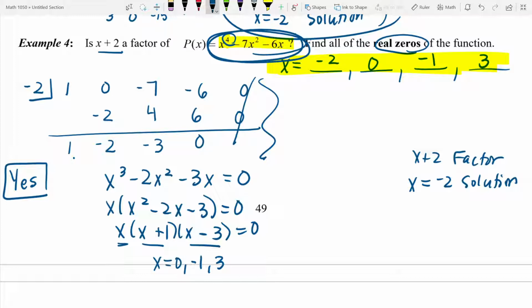When you're done, every problem that you do that is checkable, you want to check it. How could I check this answer? I could check this answer in less than 1 minute, and I could walk away from this problem and say, I nailed it. I know I did. I had to have gotten it right. How could you check this answer? Tell me.